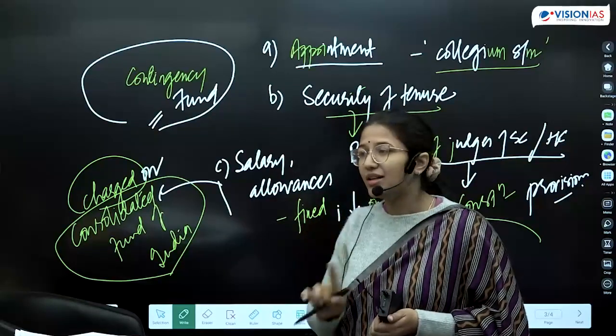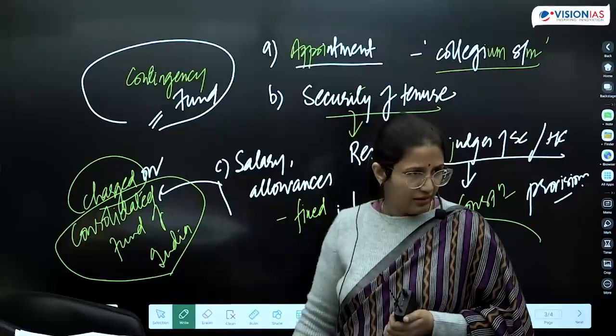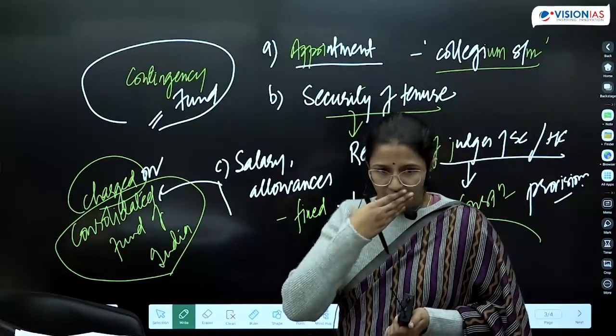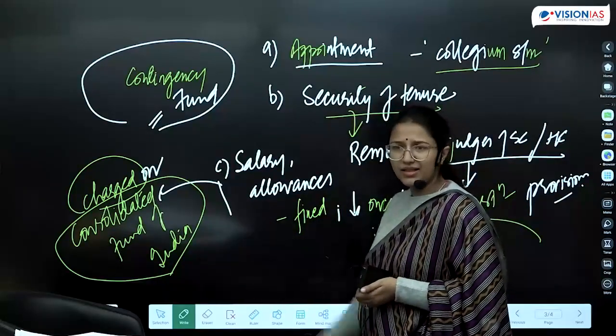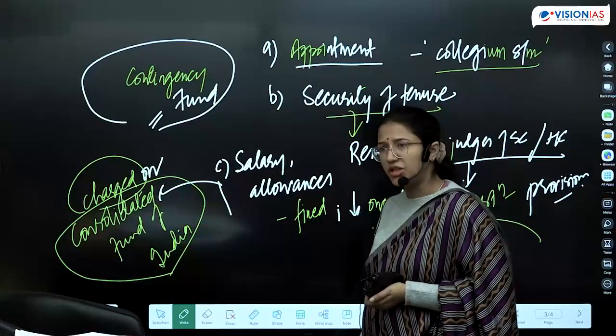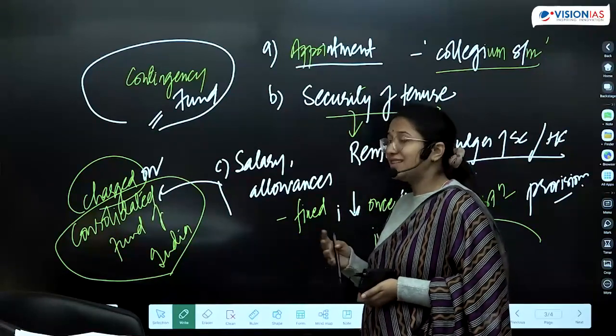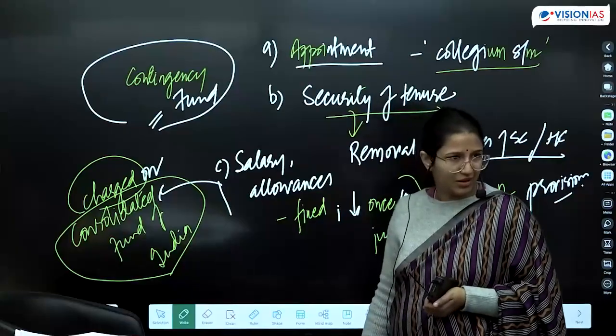The Parliament does not get a right to vote on such expenditure. This further augments the independence of the judiciary. Their salaries are not dependent on the votes by the Indian Parliament.